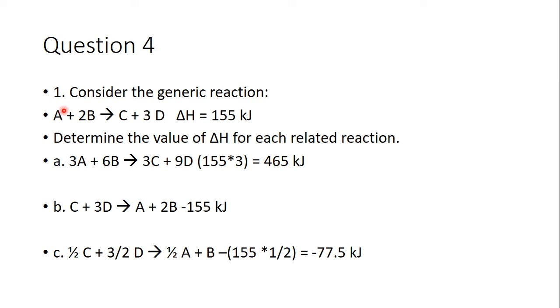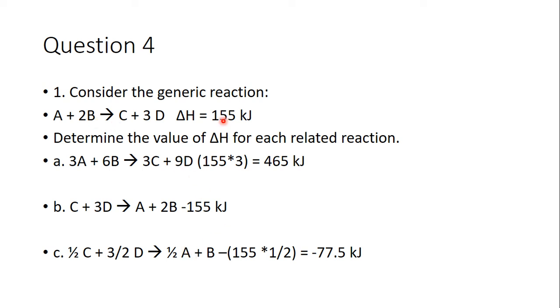If we flip the reaction, that is, you see C plus 3D is on the products and B is on the reactants, what you do is you flip the sign. If you flip the reaction and change the number of moles, then you just have to do both.